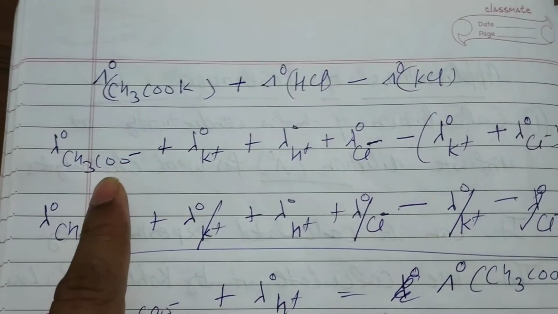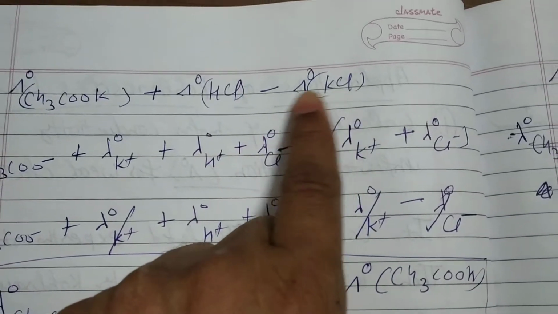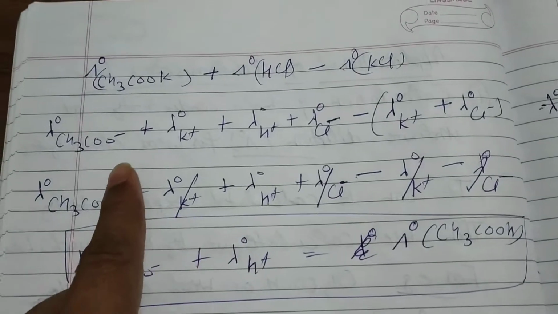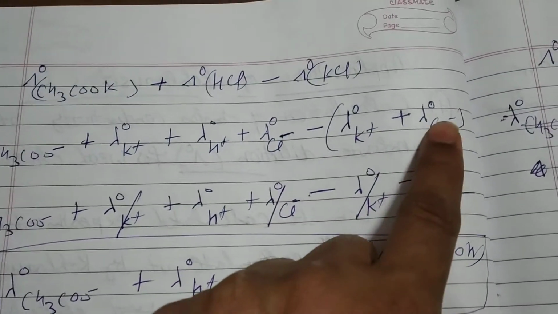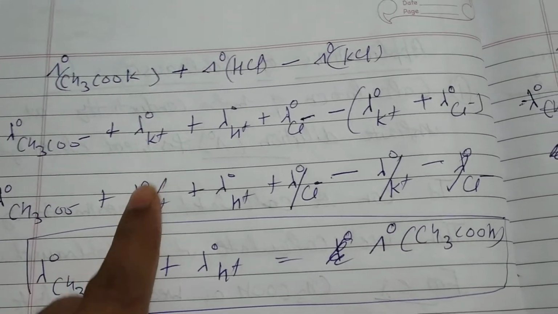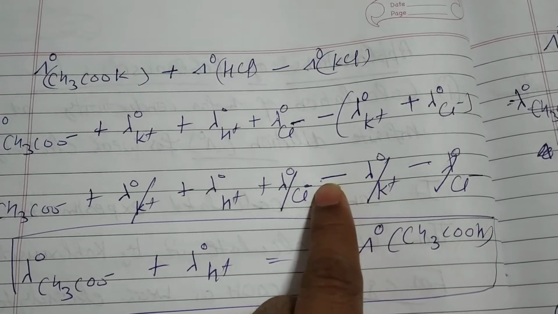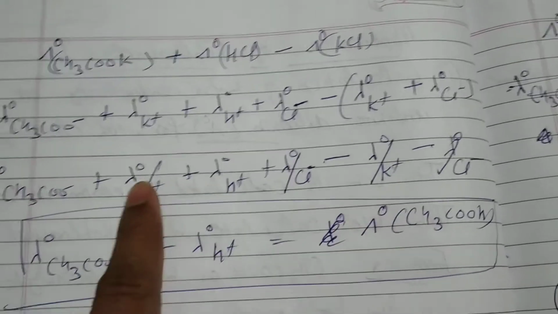Each value is equal to the sum of these two ions. Since this minus is there, this will also be minus, and this will also be minus. So this K positive and this K positive, this value is negative and this value is positive, so they will subtract each other.